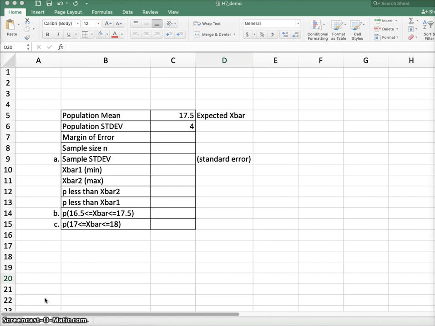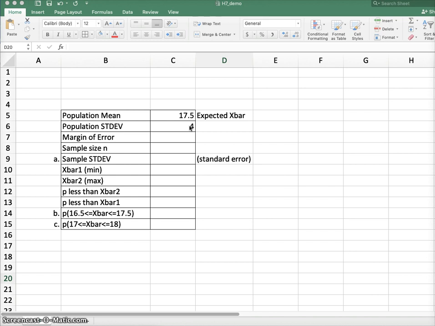That's the population mean. This is a good way to set up these problems. We'll say our population mean is 17.5, that's given to us, and the standard deviation for the population is 4 weeks.